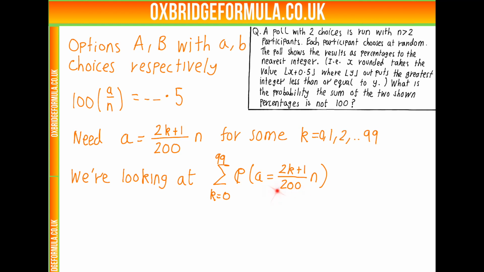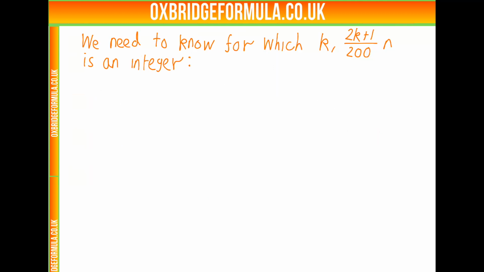So we know most of these will be 0, because this isn't always an integer. So the real question we have to ask is, when is this thing an integer for differing n and k? Once we work that out, we can work out what our non-zero terms are in this sum for different n and k, sub in the formula for the probability for a binomial, and we'll get an answer.